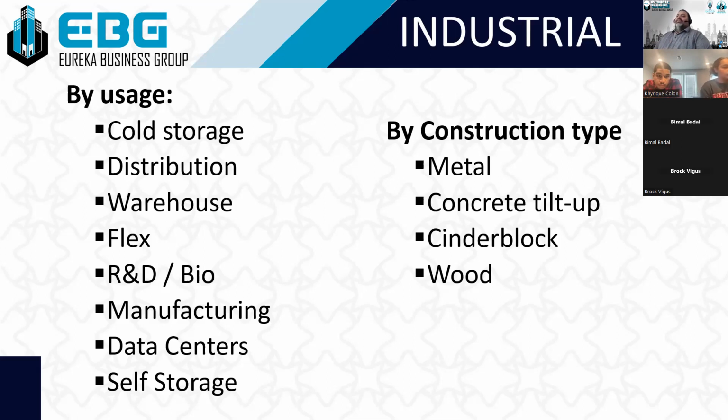Data centers are a very cool type of industrial owned by tech companies, and they definitely have a lot of technological infrastructure, very specific infrastructure. Cooling is super important in data centers. They all have floating floors because in a data center, there's a ton of cables running from everywhere to everywhere.